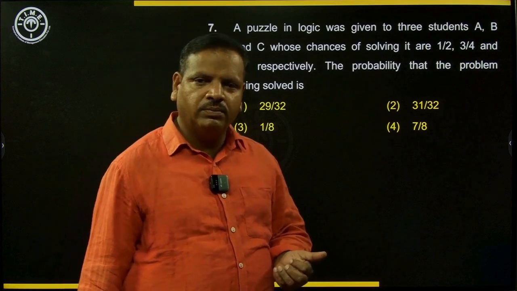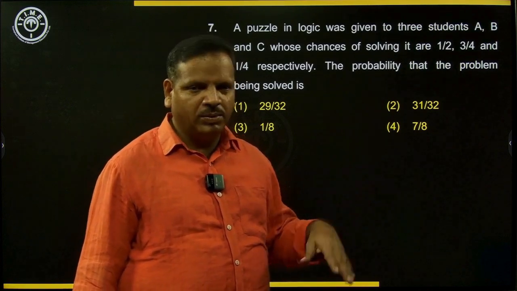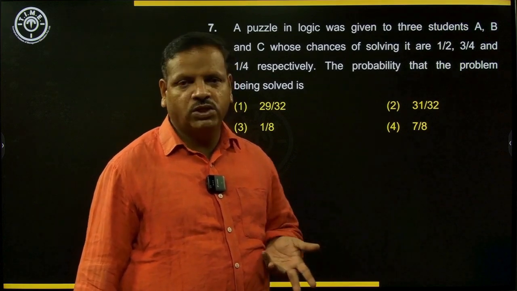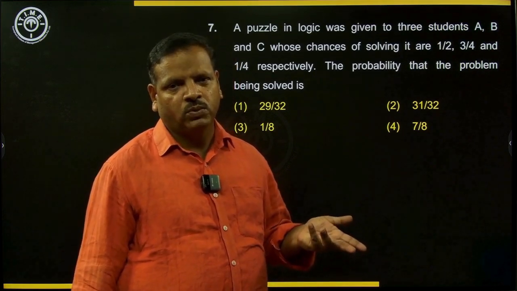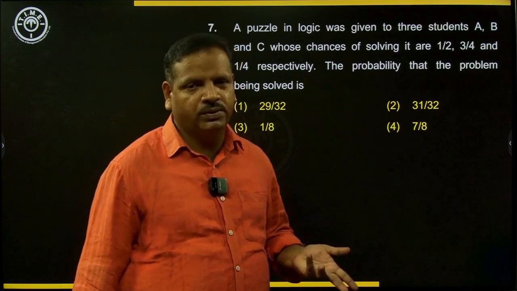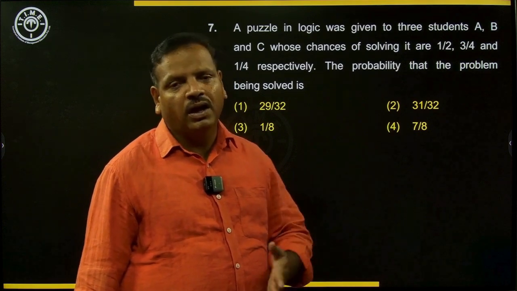Who is solving that problem? Exactly one of the persons may solve it, 2 persons may solve it, or all 3 persons may solve it. In case one person solves it, who is solving it? We don't know, either A or B or C.